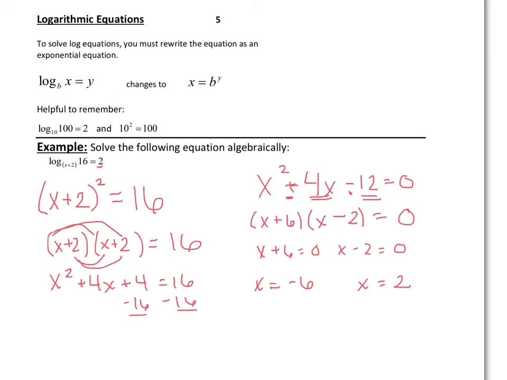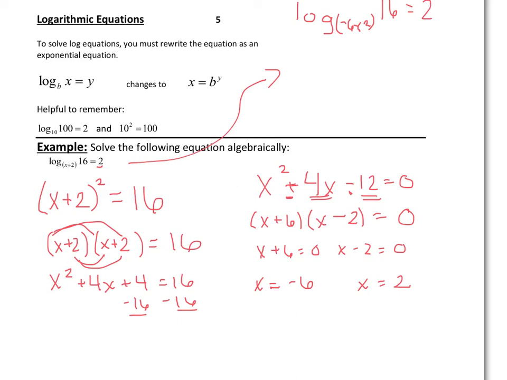If you want to check your answer, which you should, because they're not always going to work, I plug into my original: log base negative 6 plus 2 of 16 should equal 2.